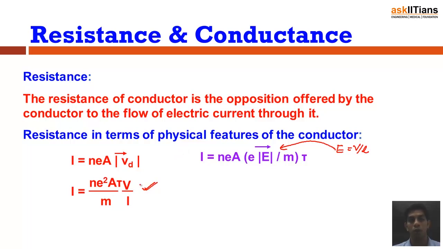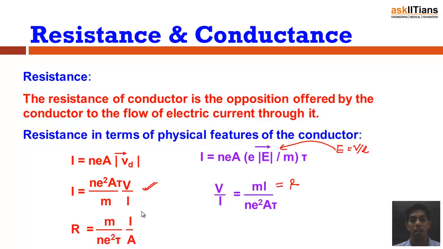Now we will club the potential difference V and I together, that is, we find the value of V by I. We also know that V by I is none other than the resistance. So my resistance comes out to be m l by n e squared tau A.